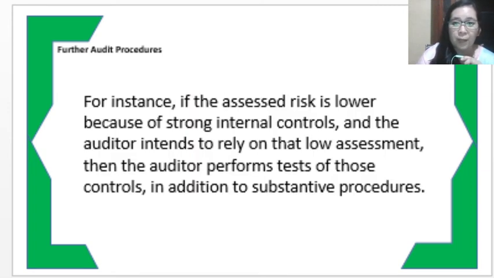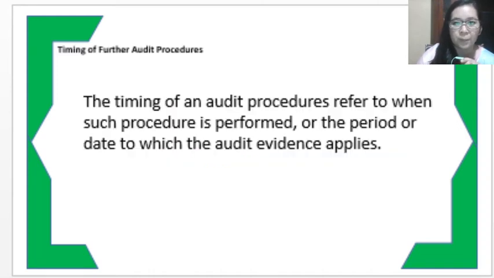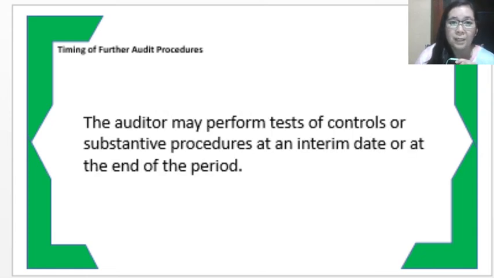Okay, so those are for the nature of further audit procedures. For this video lecture, we will continue with the timing of further audit procedures. The timing of an audit procedure refers to when the procedure will be performed, or the period or the date to which the audit evidence applies, or when is the best time to gather this evidence. The auditor will perform test of controls or substantive procedures either at the interim date or at the end of the period, again depending on the level of the assessed risks.